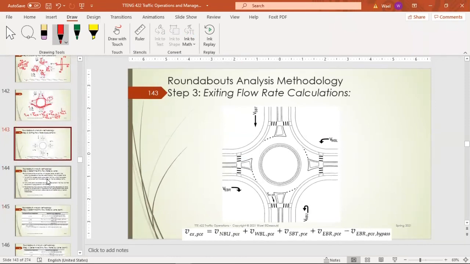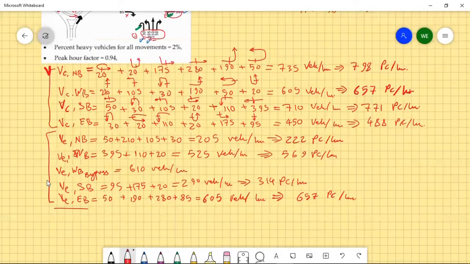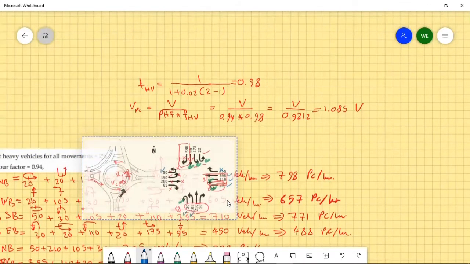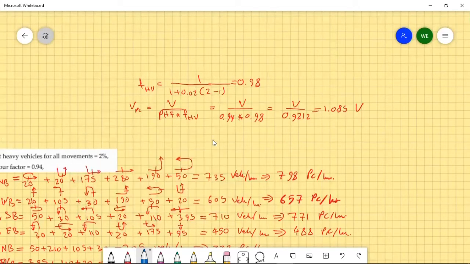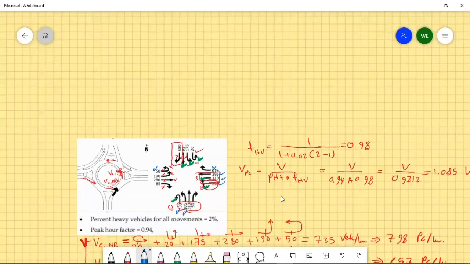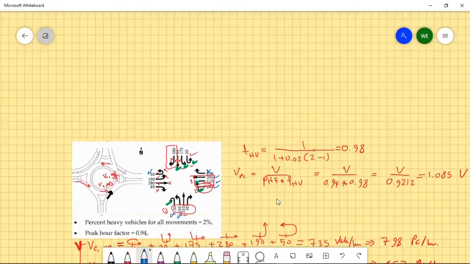Let's go back and calculate the exit volume, but I'm going to change the color. Let us do the exit volumes here.